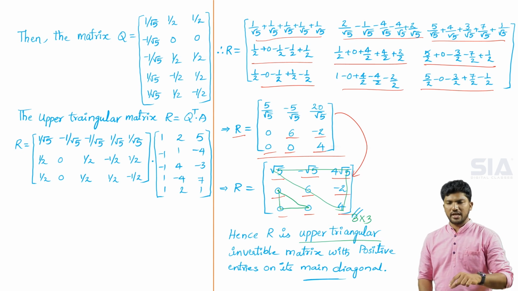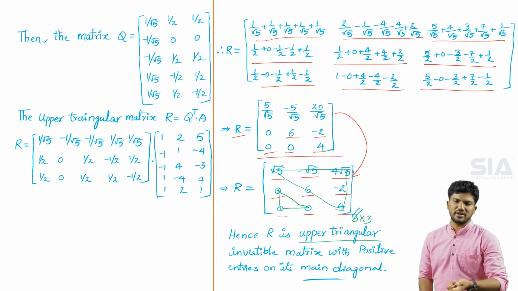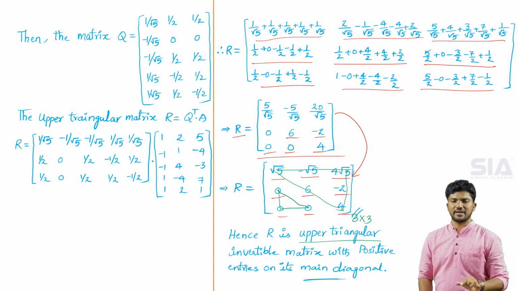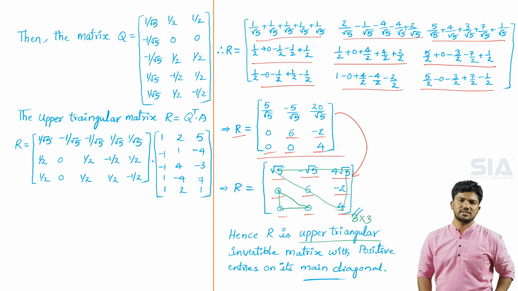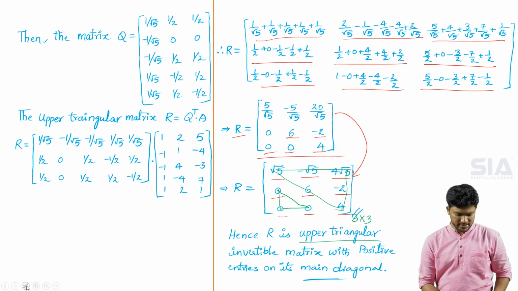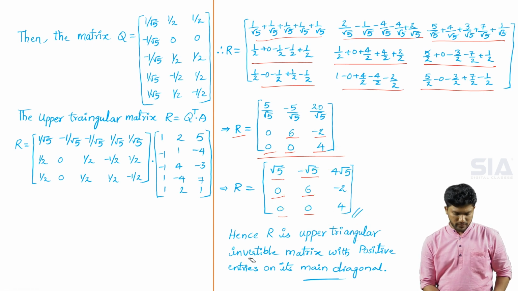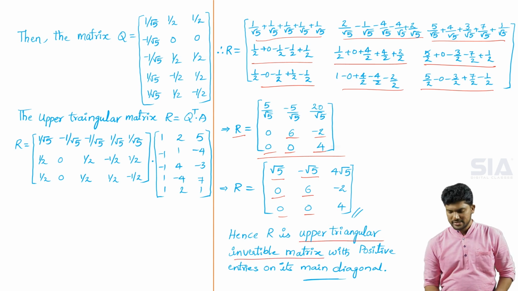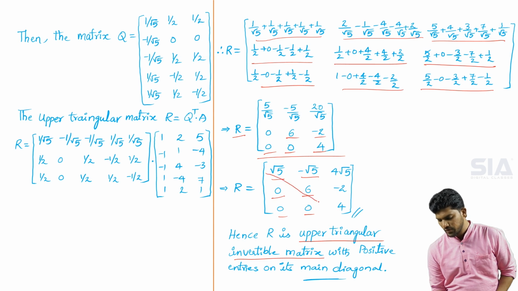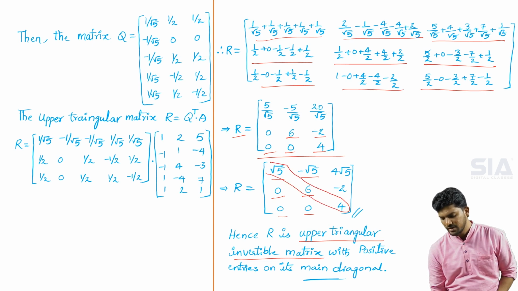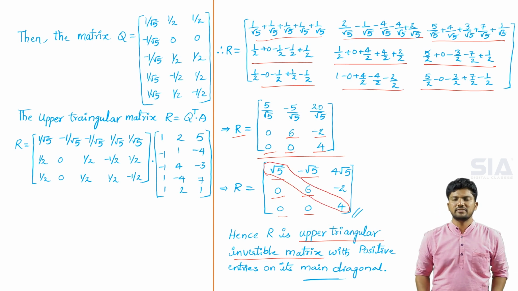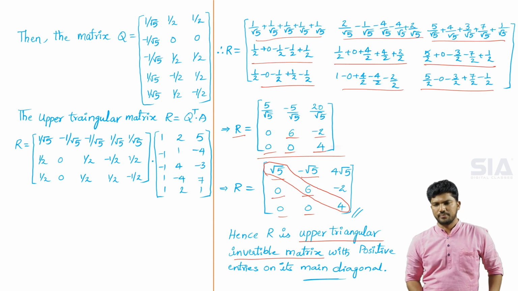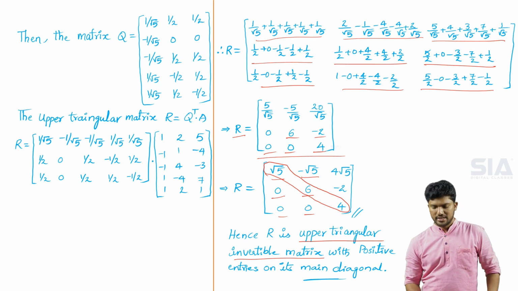It is an upper triangular invertible matrix; its inverse also exists. We can find the inverse because the determinant of this matrix is not equal to 0. It is a non-singular matrix, so we can easily find its inverse. Here capital R is an upper triangular invertible matrix with positive entries: root 5, 6 and 4 are all positive entries on its diagonal.